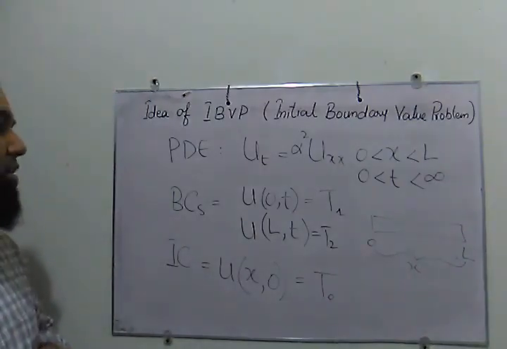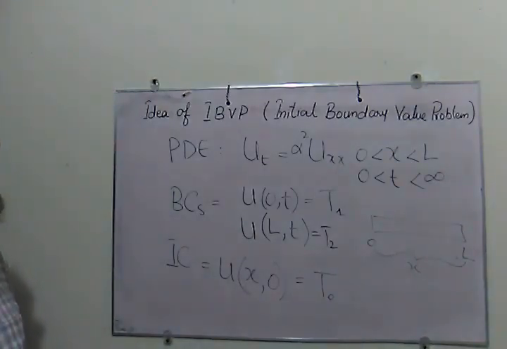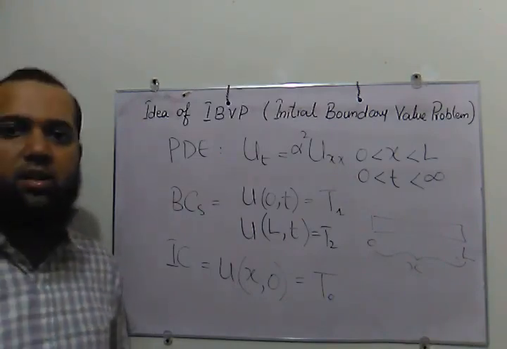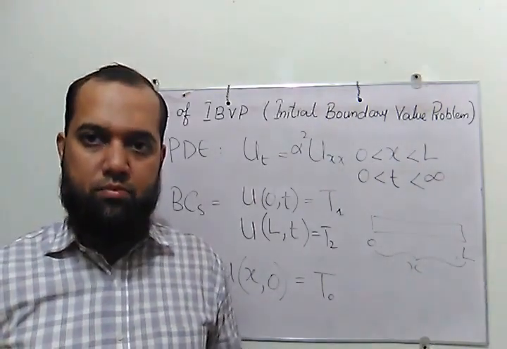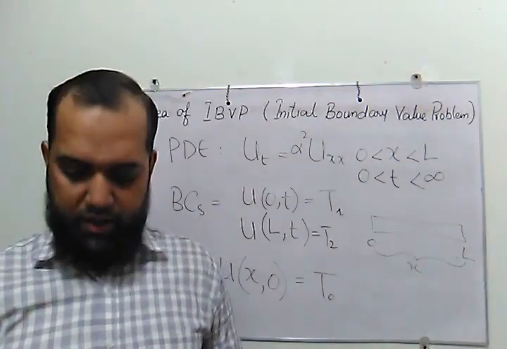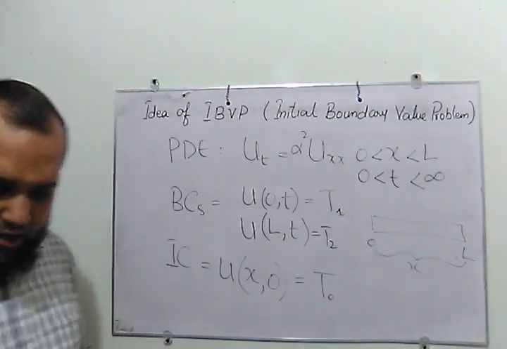So the initial temperature was T0 at the start of the experiment. Boundary condition means the temperature at the boundary of the rod, which in our case is 0 degrees centigrade and 100 degrees centigrade. And what is alpha?